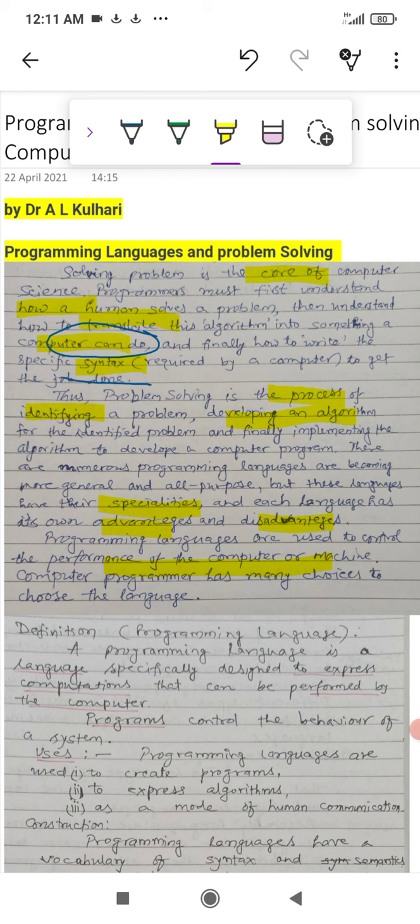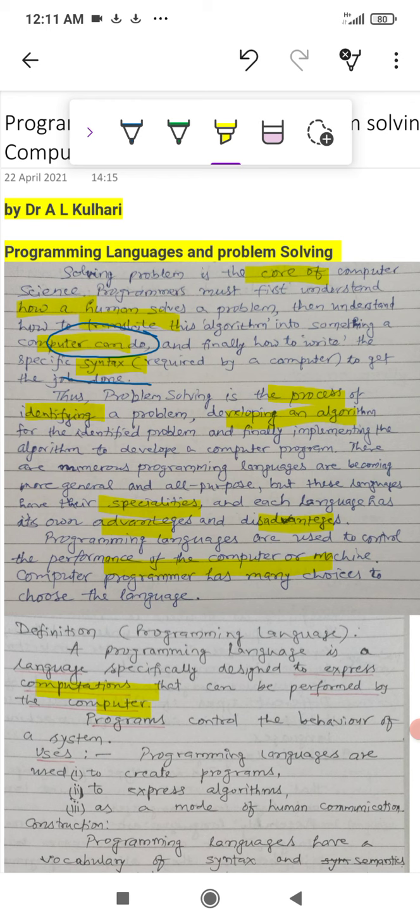So now, what is a programming language? A programming language is a language specifically designed to express computations that can be performed by the computer.